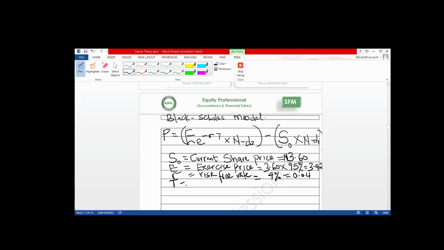Your letter T is time to maturity. Examiner says 6 months. 6 months is equal to half a year, 6 over 12. That is 0.5.